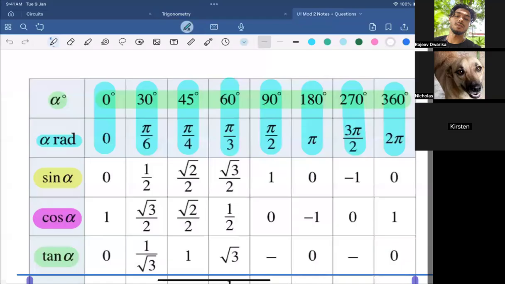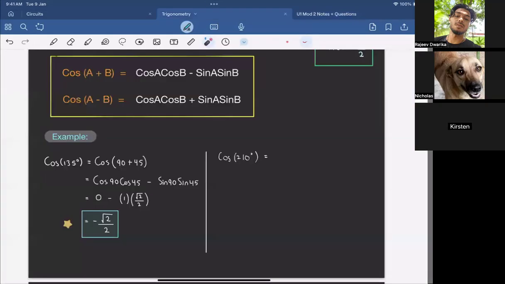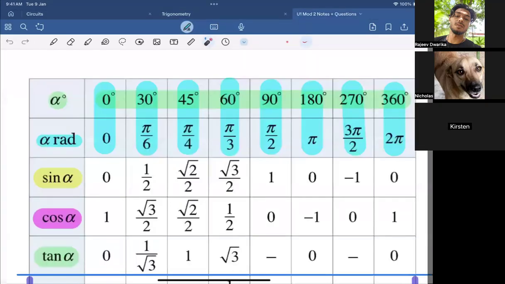But, Kirsten, what two angles could I subtract or add to get 210? Are there any angles here that I could sum or minus to get 210? How could I get 210 using these angles?